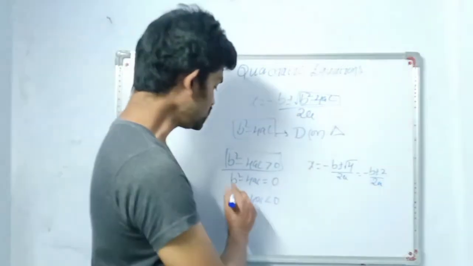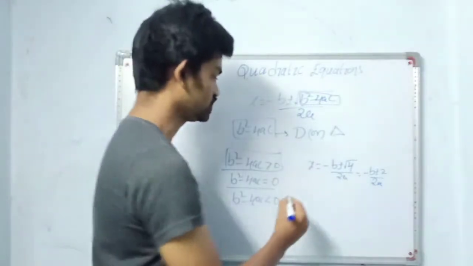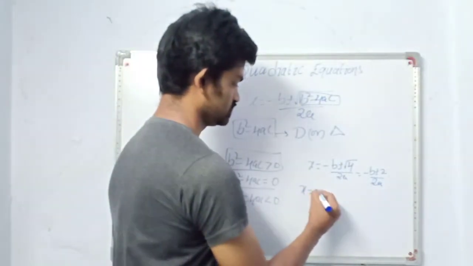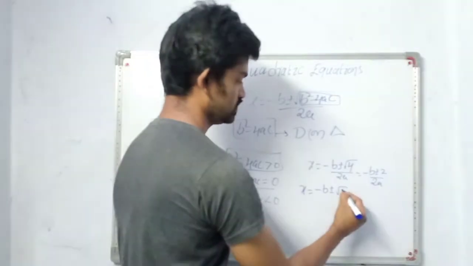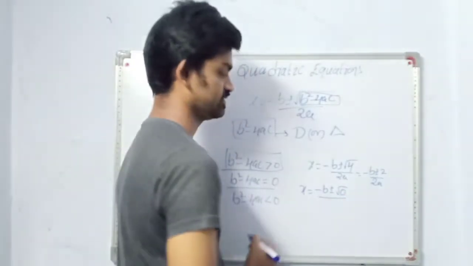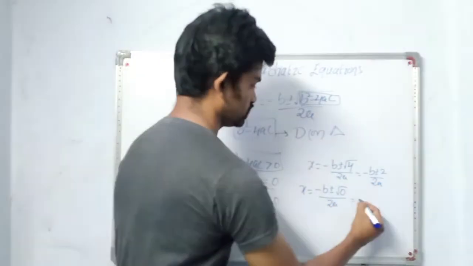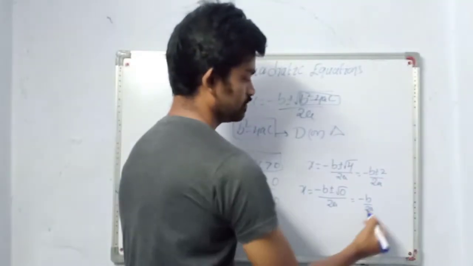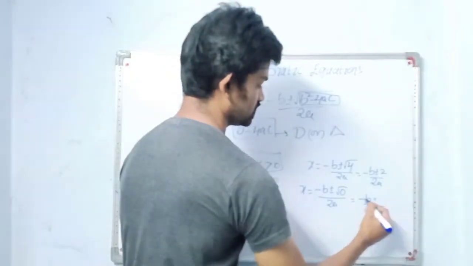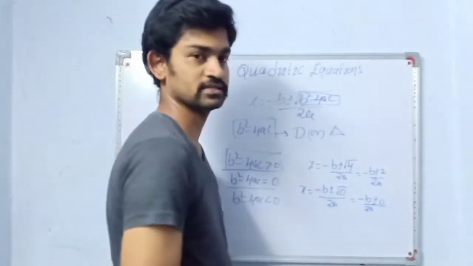Now I will take b square minus 4ac equals 0. x equals minus b plus or minus root over, taking b square minus 4ac value as 0, by 2a. So I will get minus b by 2a plus or minus 0.